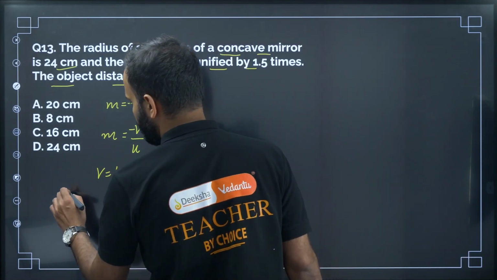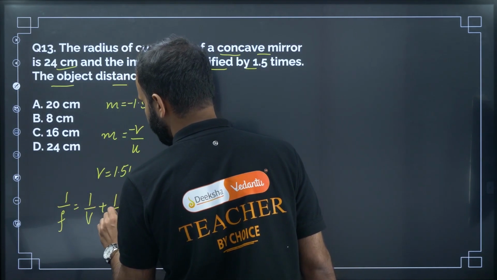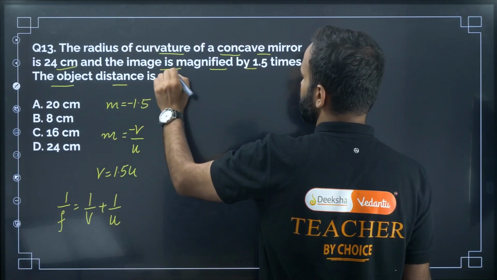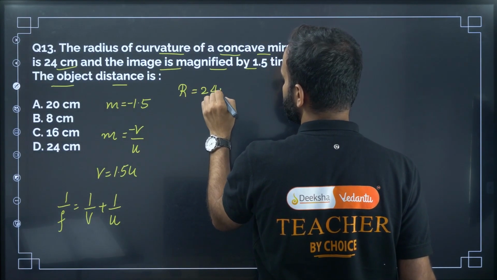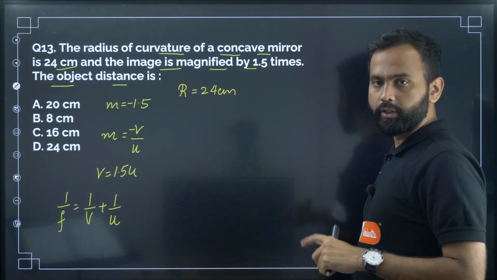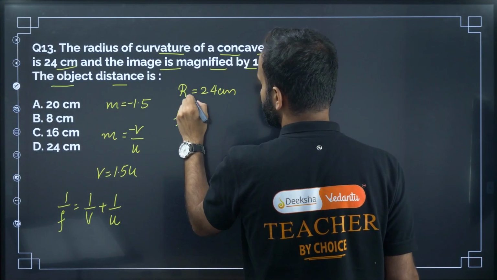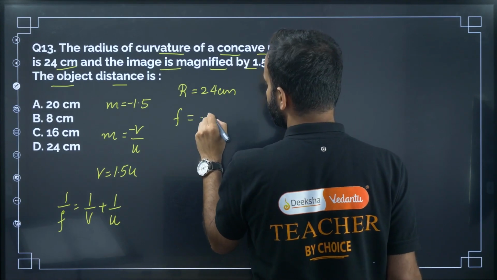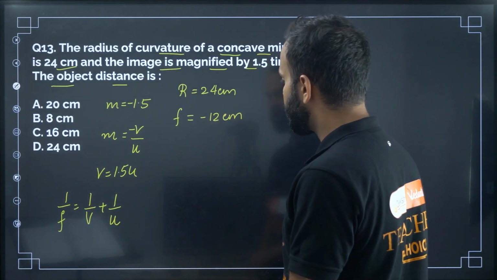Apply the mirror formula, 1 divided by F is equal to 1 by V plus 1 by U. Radius of curvature of the concave mirror is 24 centimeter, so R equal to 24 centimeter. We know that the focal length of the concave mirror is always negative. So focal length F equal to minus R by 2, that is minus 12 centimeter.